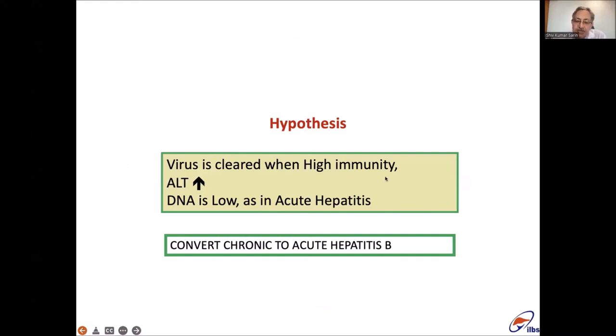How do you know immunity is high? ALT is high. Higher the SGPT, oh, it is 200. Very good. Higher the ALT, lower is the DNA, as in acute hepatitis. So convert chronic to acute hepatitis B.